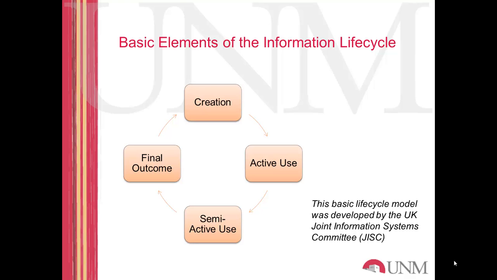But the JISC information lifecycle is extremely simple and easy to adapt, and it's made that way in order to be as adaptable to different kinds of information management scenarios as possible. So the JISC lifecycle has 4 primary steps to it, and we're going to examine each of these in some detail right now.